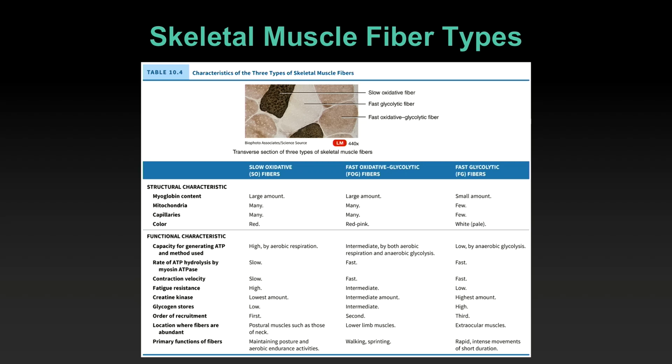You might have heard of these as type 1 and type 2 muscle. Type 1 muscle is slow oxidative muscle. Type 2 is fast glycolytic muscle. And then the muscles that have the best of both worlds are in the middle. We'll call those type 2X, but we'll call them a blend for now.